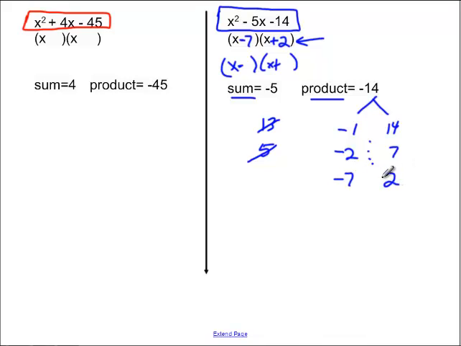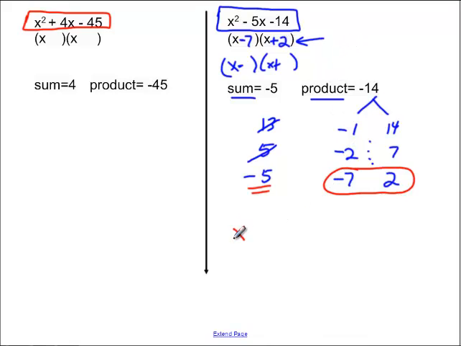Negative 7 times positive 2 multiplies together to get me negative 14 and adds up to negative 5. And that one should be our answer, because this negative 5 is that negative 5 right there. So the two magic numbers are negative 7 and positive 2. The negative 7 goes in there, positive 2 goes in there, and that should be our answer.